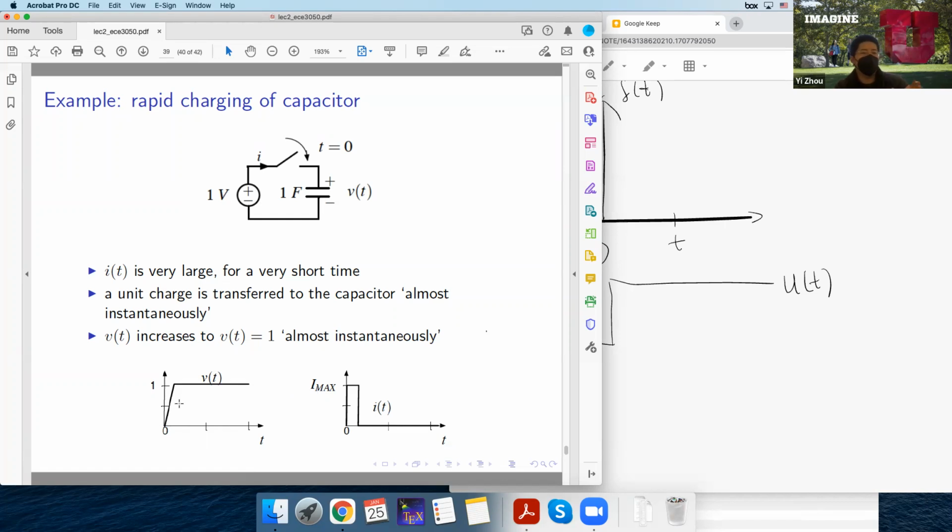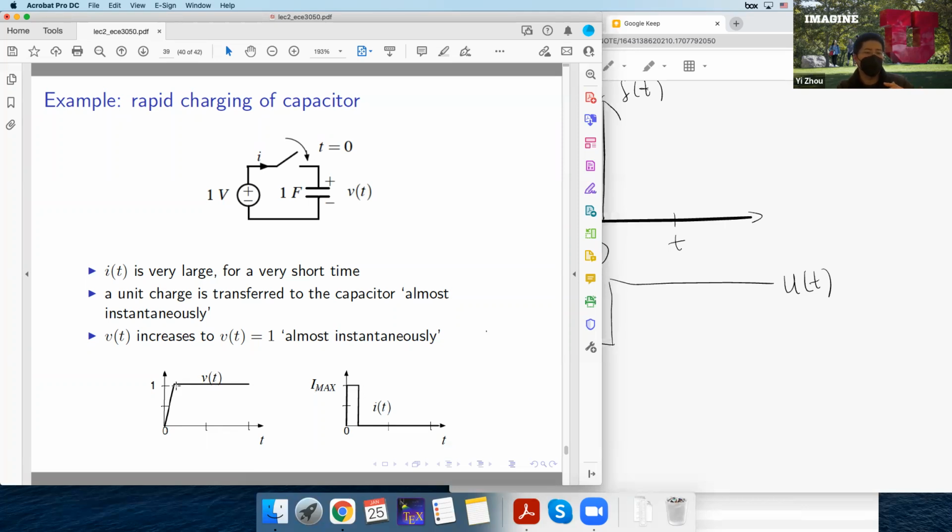And you can think of this as an approximation of the unit step function, right? Because this charging duration could be very, very short, so this can be approximately regarded as an instant jump. And therefore the voltage signal looks like a unit step signal. On the other hand, for the current signal, within that short duration of time, the current will go through the capacitor so that it can be charged.